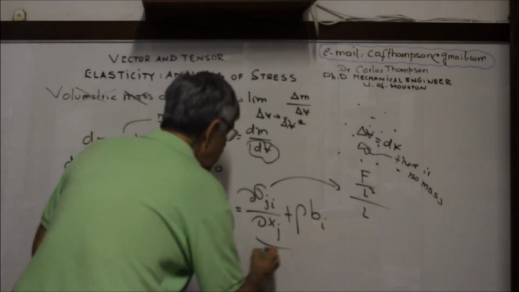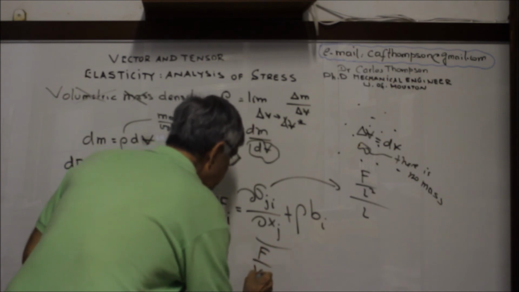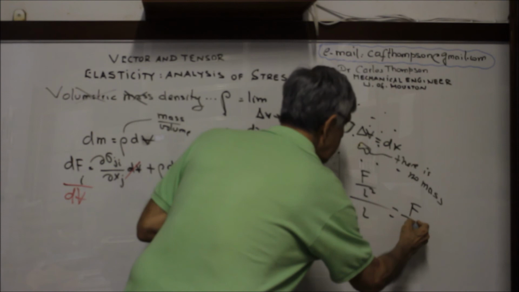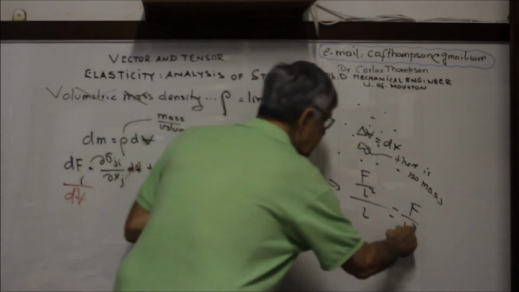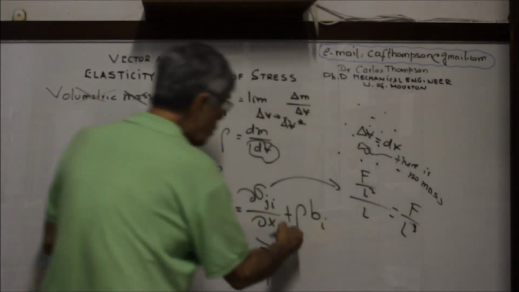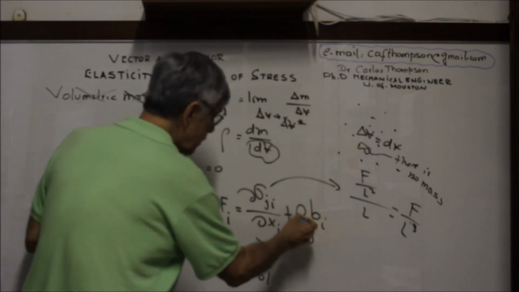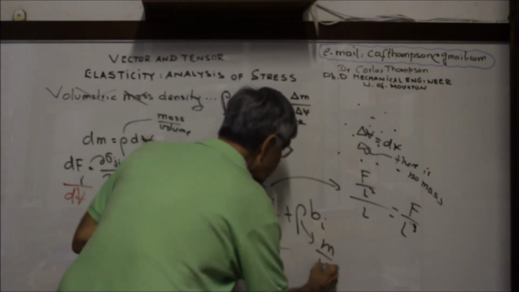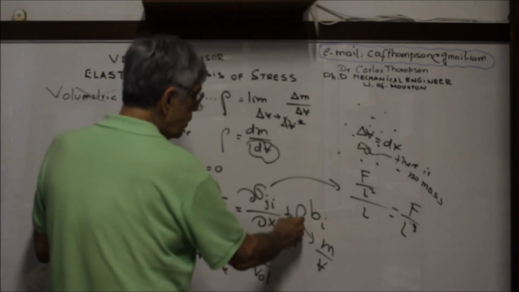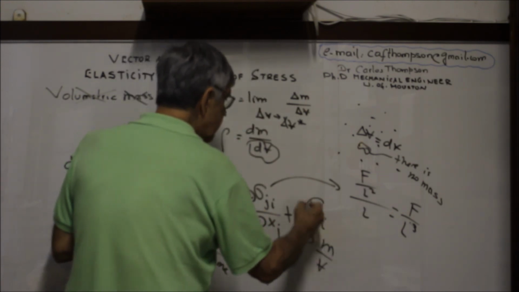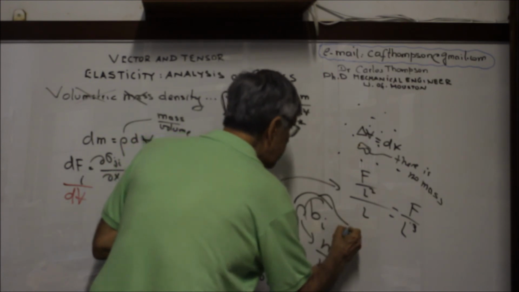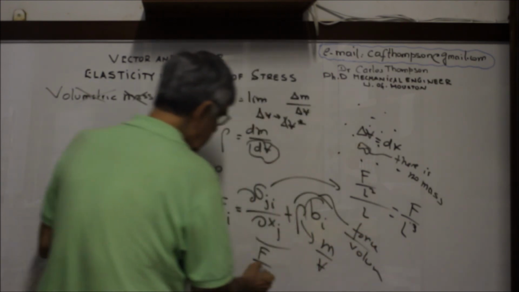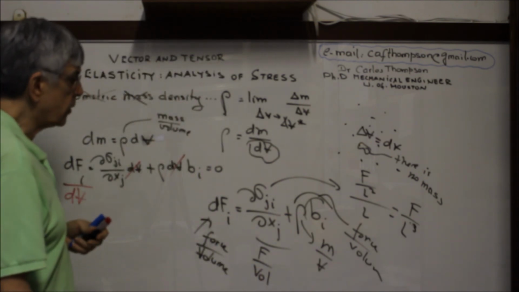So this here is force by volume, force by L cubed. Likewise, rho is mass by volume. This term over here must be force by volume, because it has to be equal to that one.